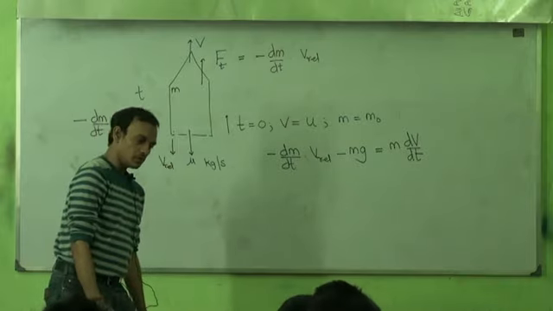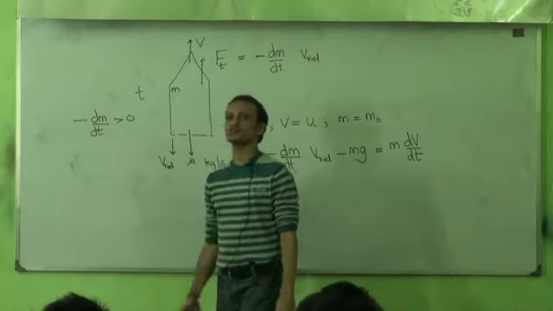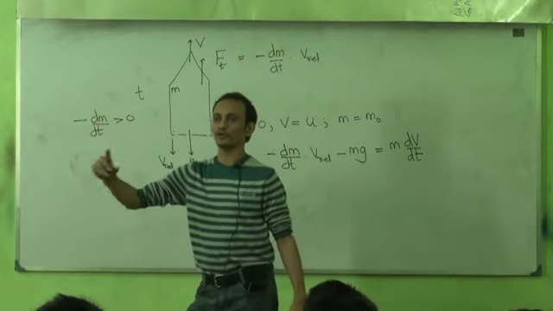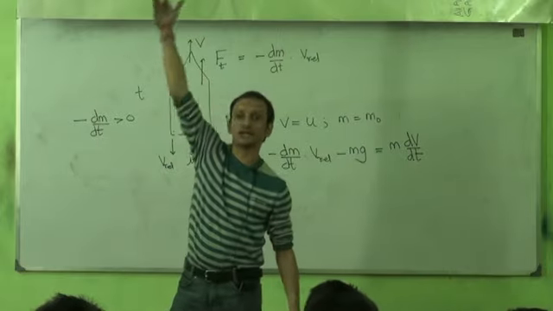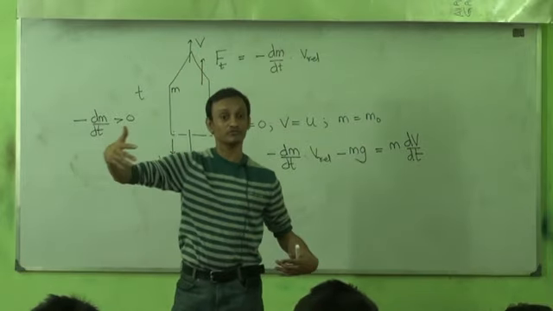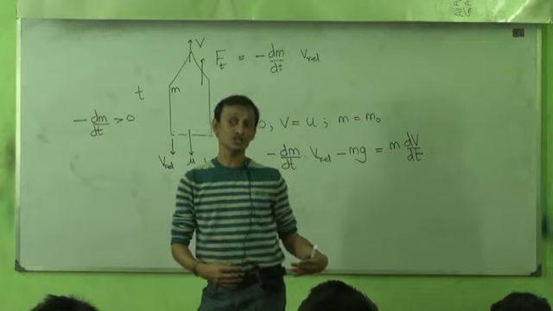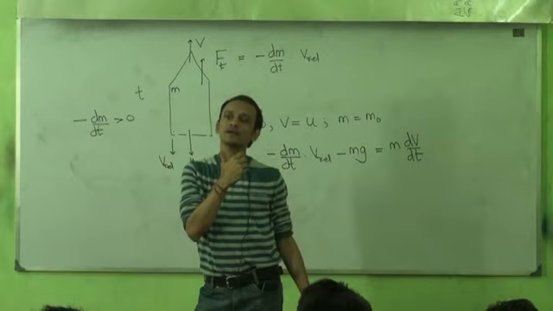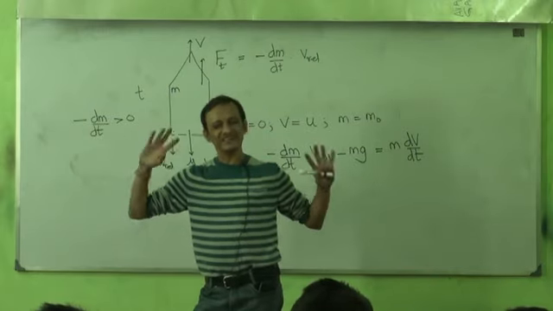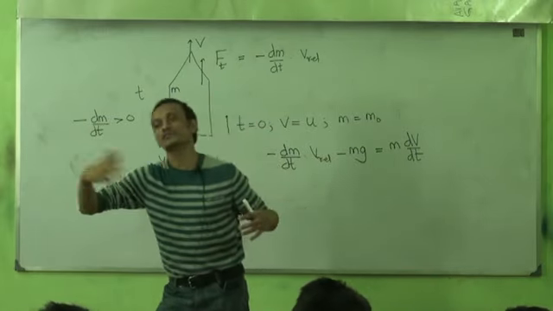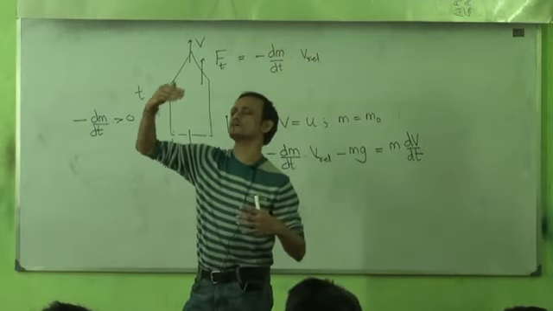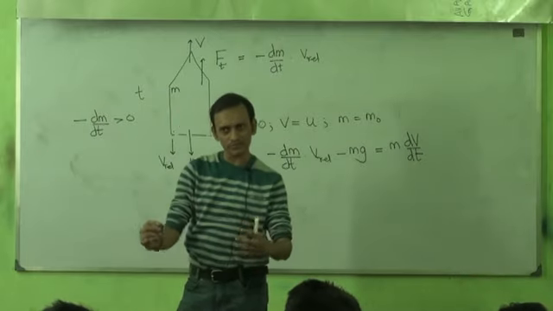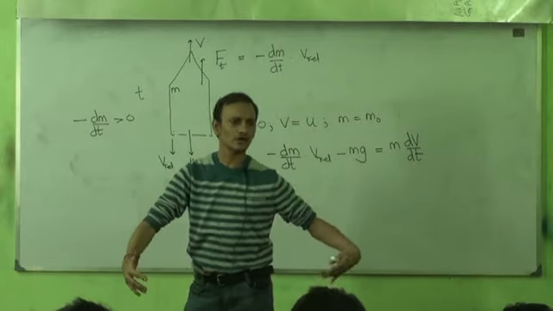Now, it will be a little utopian to imagine, for a rocket, you're not talking of Diwali ka rocket, which goes a few hundred meters or so, but an actual rocket, in which case g is not constant. But let's say for a simple scenario, we talk of a uniform g. Otherwise, I can put g as a function of height. But to make life simple, at least to begin with, let's imagine g to be constant.